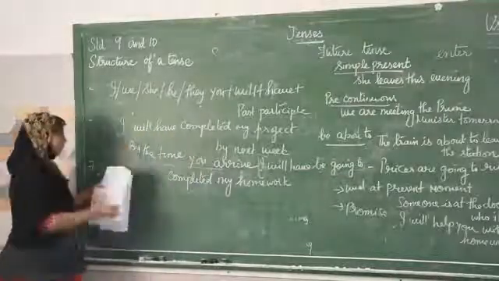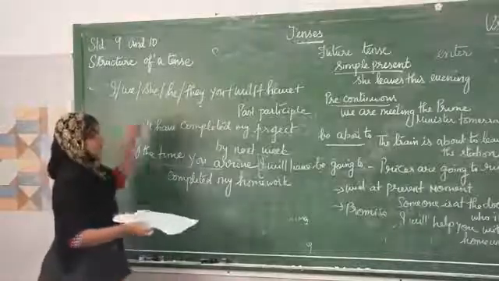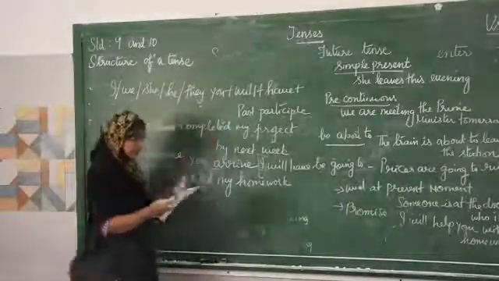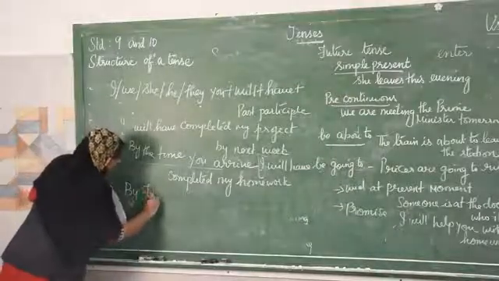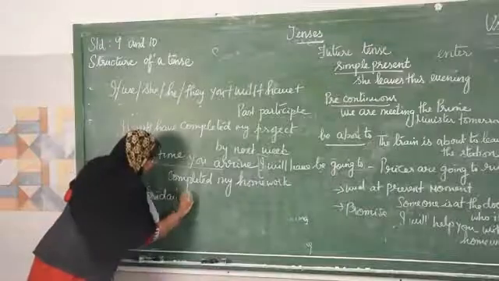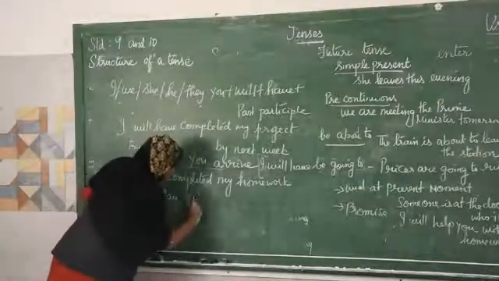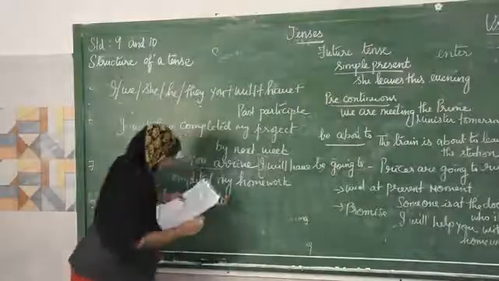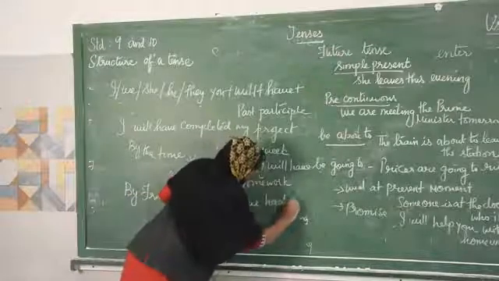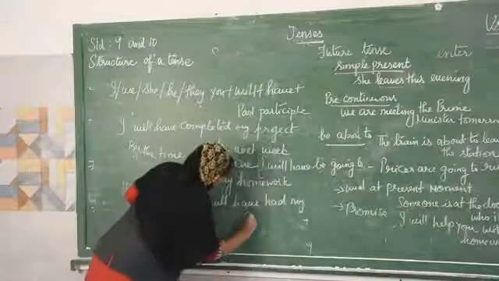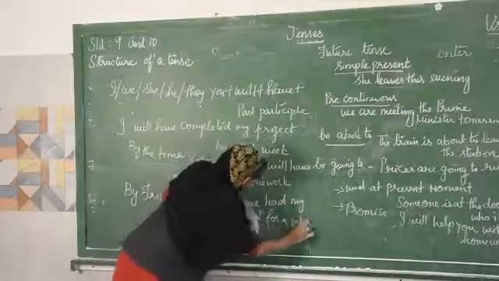Even it refers to an action sometime in the future. Duration of time means period of time here. One more example. By Friday, she will have had my car for a whole week.